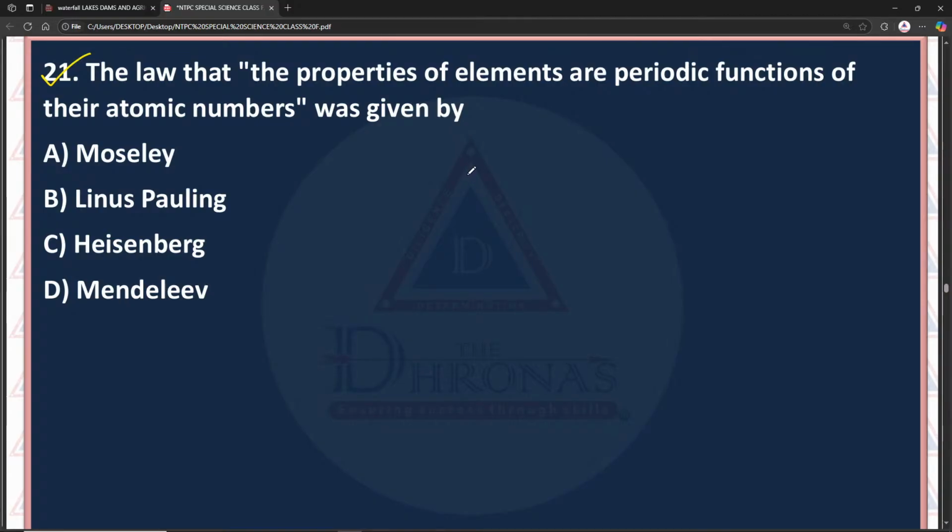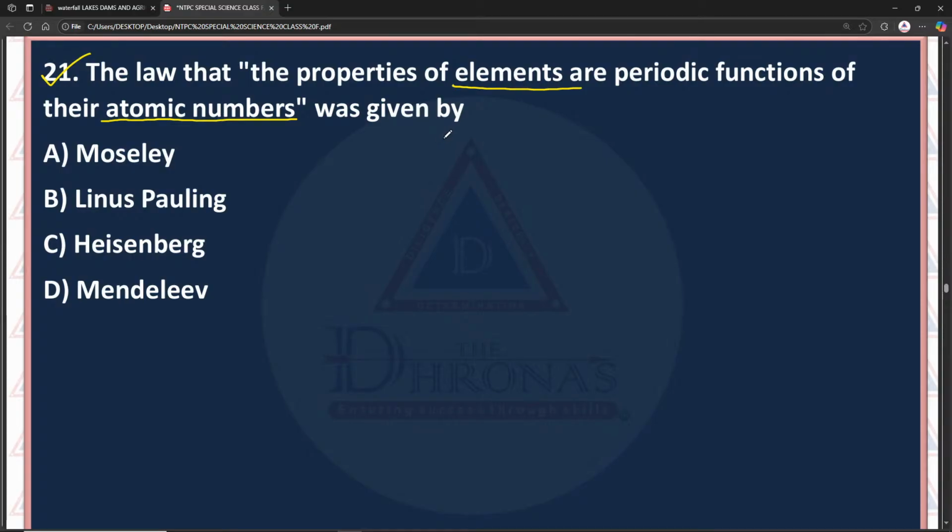The law that the properties of elements are periodic functions of their atomic numbers was given by. थोड़ी देर पहले हम लोग डिस्कस कर रहे थे कि एलिमेंट्स के जो भी केमिकल प्रॉपर्टीज है that is actually based on their atomic number, जो कि मॉडर्न पीरियोडिक टेबल बनाने के लिए यूज हुआ है. So this law was given by whom?